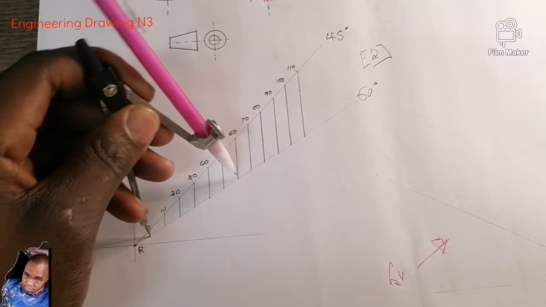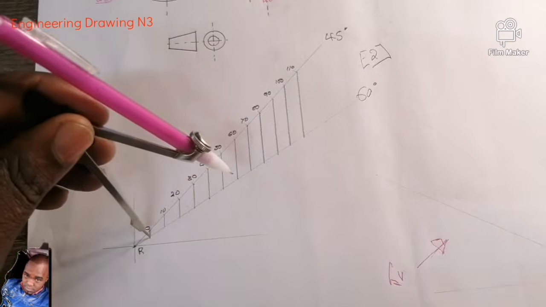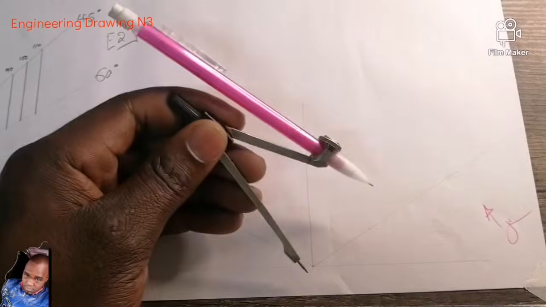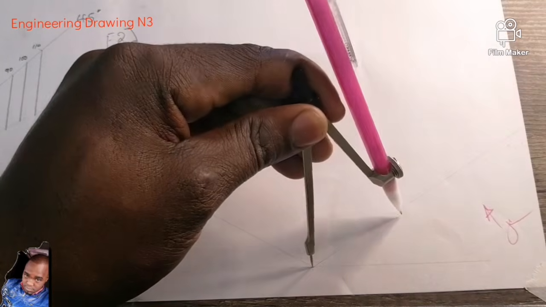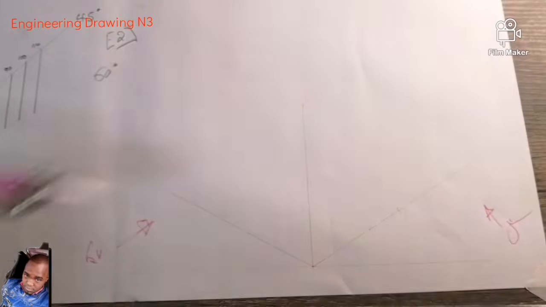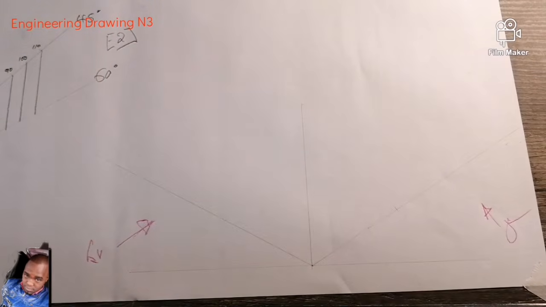There is my 60. You can use your compass or your divider. Remember, still on the same thing, you must try to be accurate. There is my 60. After 60, there is 40.